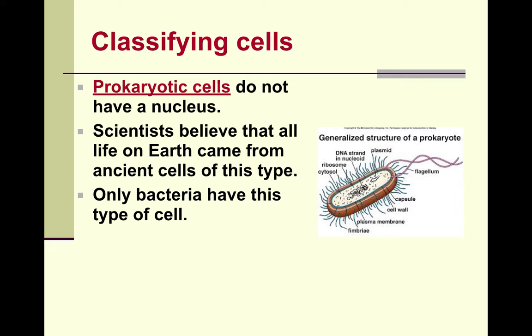The first one that we're going to talk about are prokaryotic cells. And these are cells that do not have a nucleus. It is the belief among most scientists that all life on Earth came from this kind of cell, this very old and ancient type of cell. The only thing in our world today that is this type of cell is in fact bacteria.